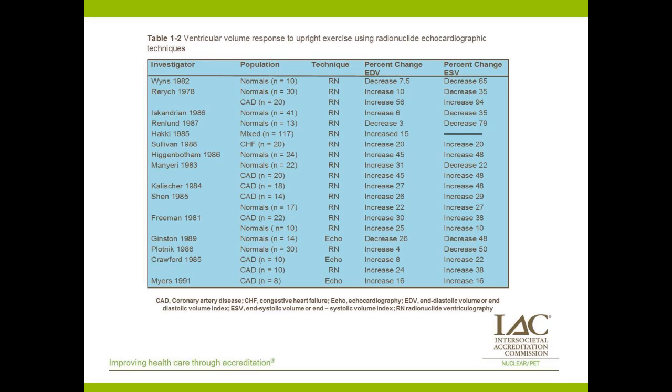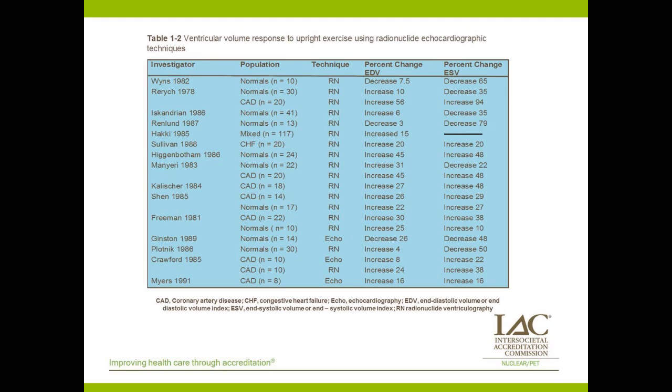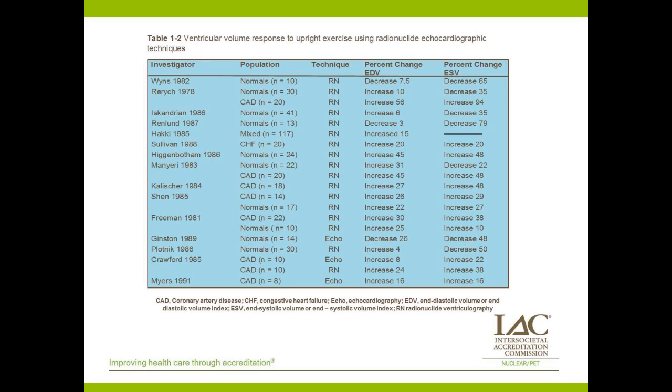What about ventricular volume response to upright exercise? As you recall from that figure, ventricular volume is a determinant of cardiac output. And these are a number of studies looking at both radionuclide methods and echocardiography to assess ventricular volume.